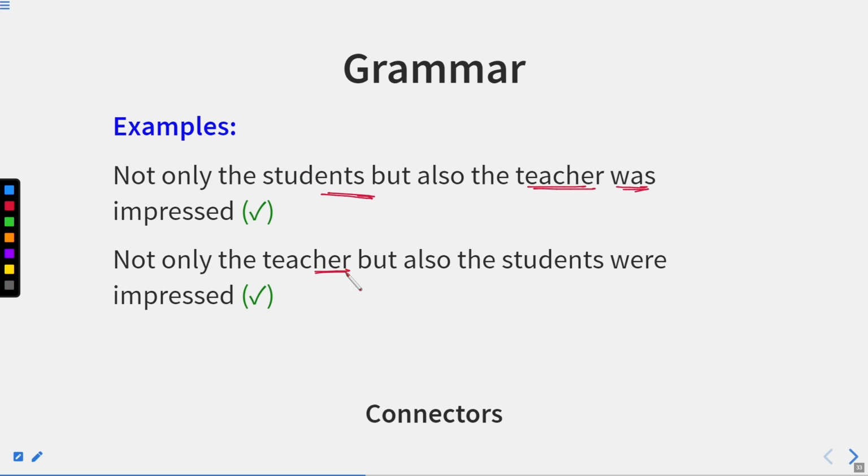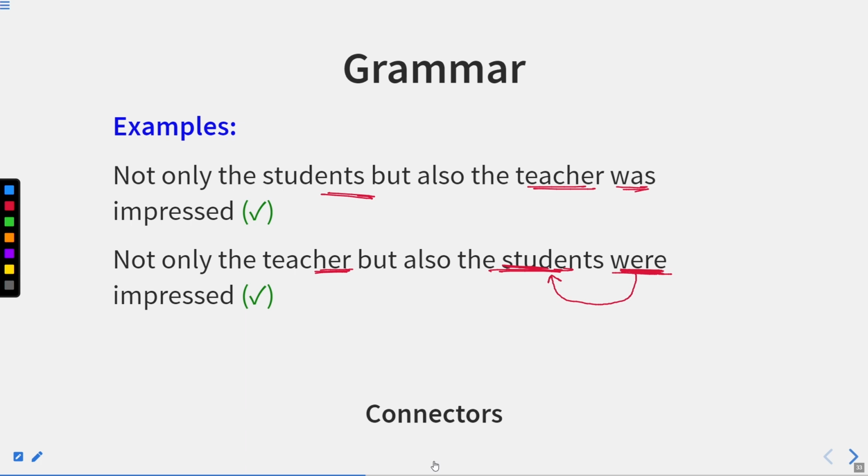Not only the teacher, now here teacher means singular noun, but also the students. So the verb is here and the subject closest to it is the students. So we are using were over here. It does not matter what is written in the first subject. It only matters what is written in the second or the nearest subject. We cannot say second, we can say the nearest subject, because if we have two verbs and only one subject, obviously both the verbs will depend on that one subject.